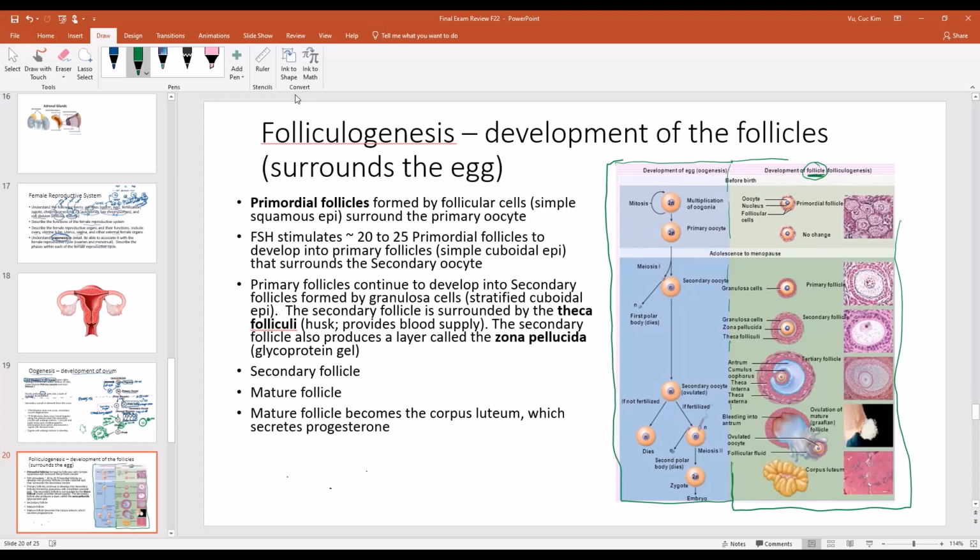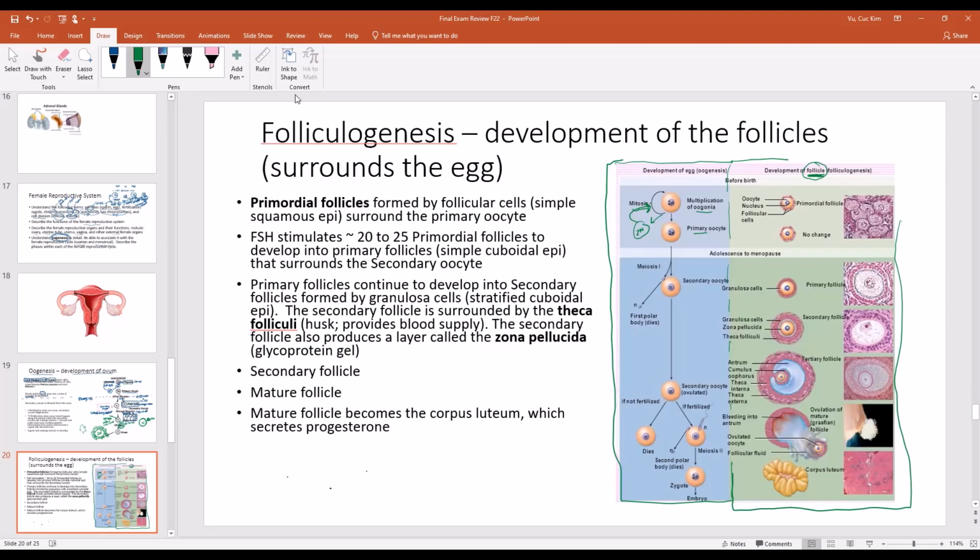So same thing before birth. In other words, during fetal development, that oogonia is going to undergo mitosis, resulting in a primary oocyte and another oogonia that repeats that process. Now that oocyte or oogonia is actually surrounded by follicles as well.